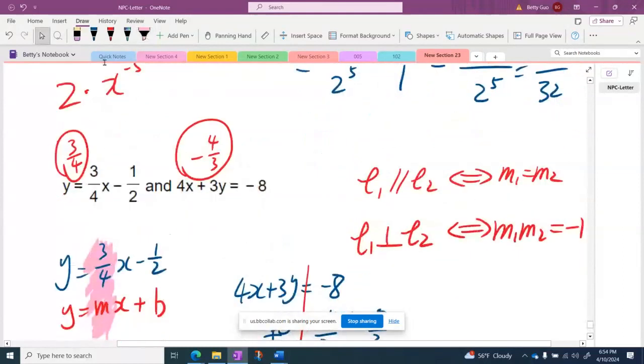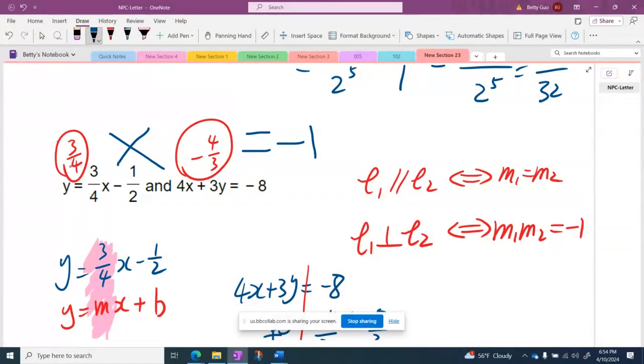And look at the two slopes. The first straight line, slope is 3 over 4. The second straight line, slope is negative 4 over 3. As you can see, they multiply to negative 1. The two slopes are opposite reciprocals of each other.